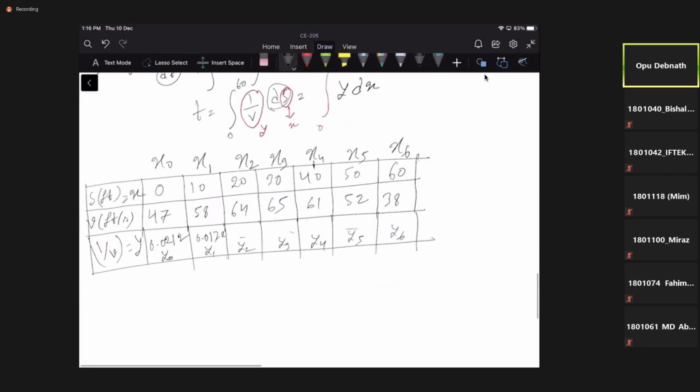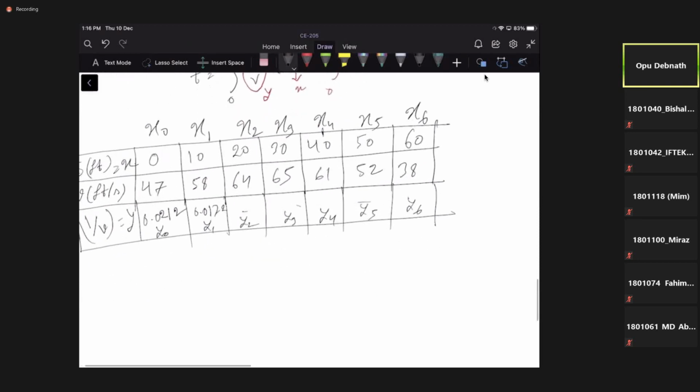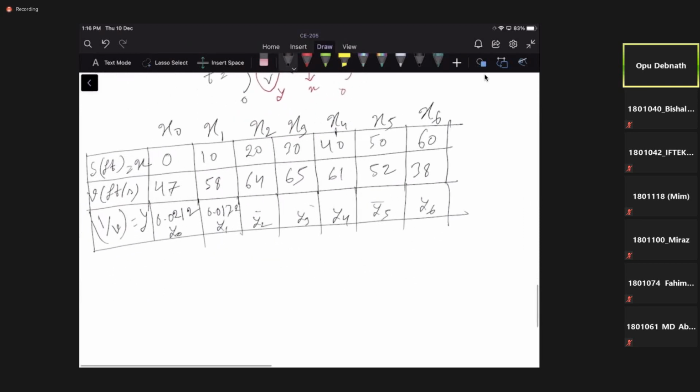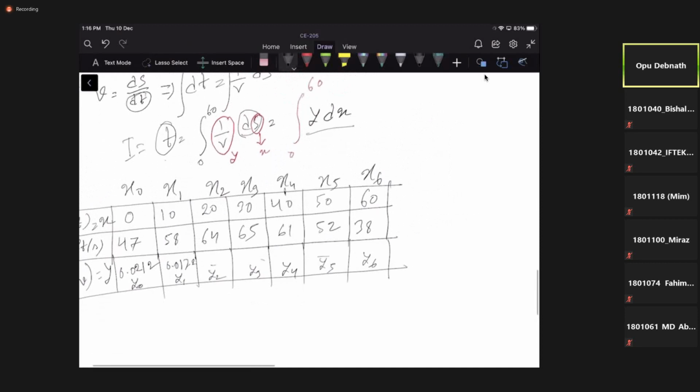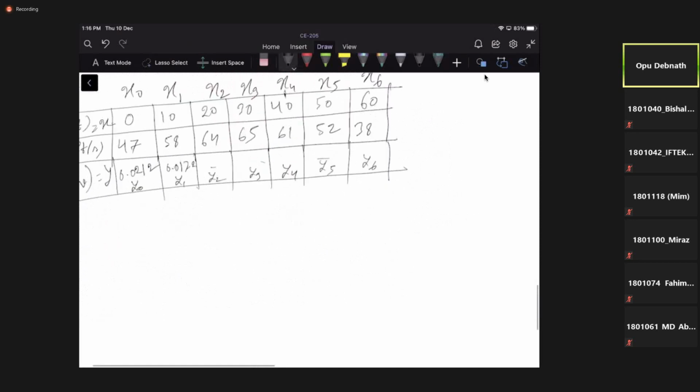Okay, so at this stage of the problem, after simplification, you have the values of x0 to x6 and corresponding y0 to y6. So the form is integration of y dx. That means the total time I is actually integration from 0 to 60, within x0 to x6, of y dx.